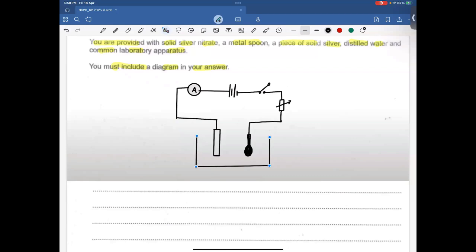So first of all, this is your battery. Negative, positive. This is your ammeter. This is your switch.